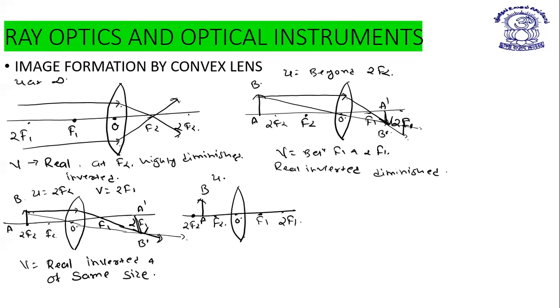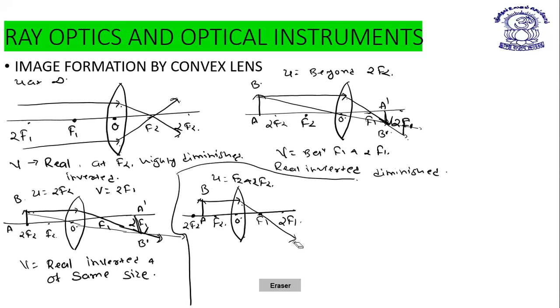Light ray is incident parallel to principal axis. After refraction, it will pass from focus F1. Another light ray is incident from optical center.